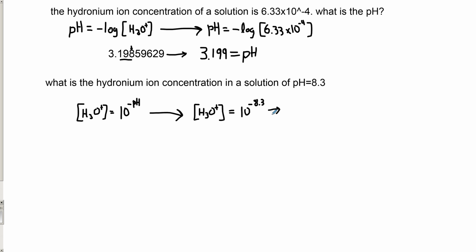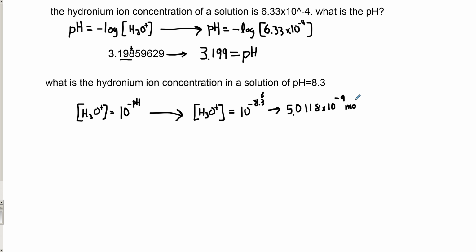And we only have one decimal place here, which means we get one significant digit in the answer. So our number is 5.0118, and I'll fix the number in a sec, times 10 to the minus 9, and since it is a concentration, we measure that in moles per liter.